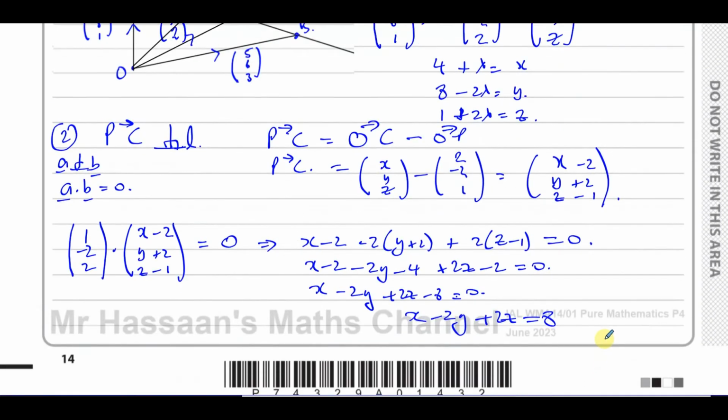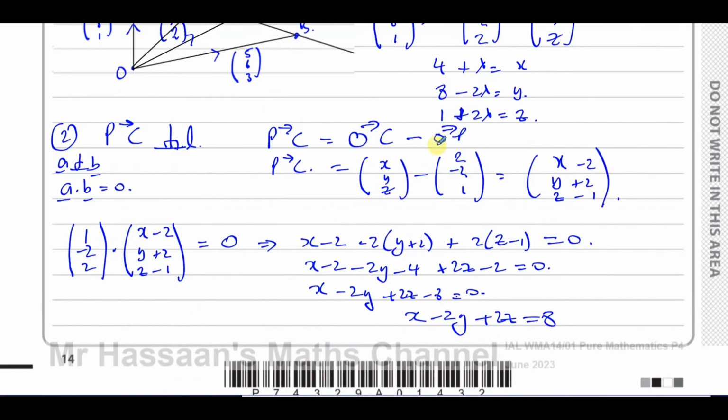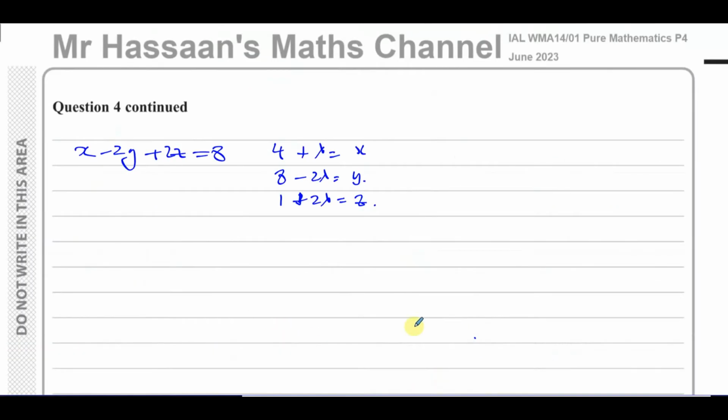So now we have these sets of equations that will help us. We have these equations here together with that, and I'm going to continue on the next page. To go on and solve this problem, we want to solve these equations simultaneously.